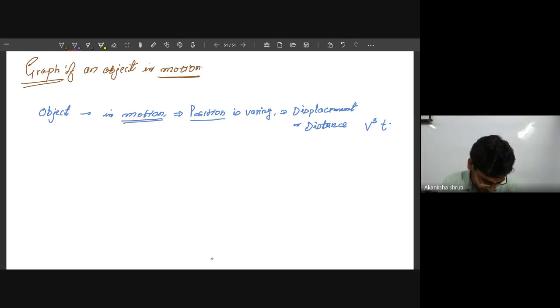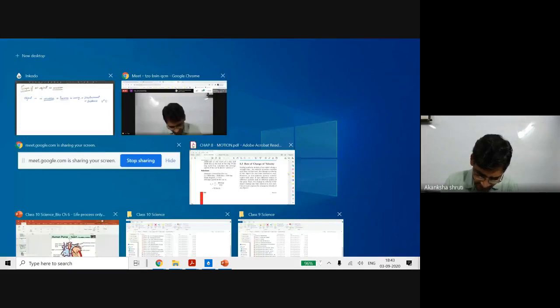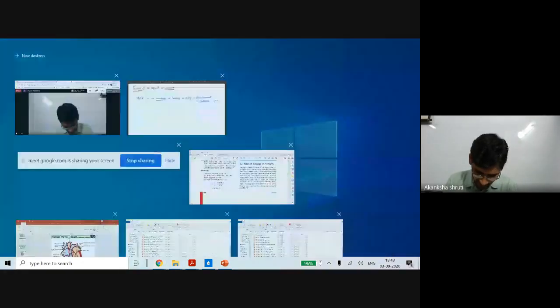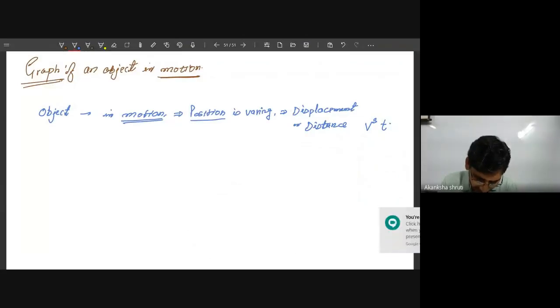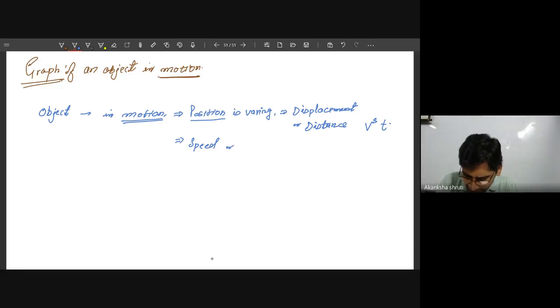When the body is in motion, it means it has some speed or it may have velocity. Then we can have the velocity time graph.